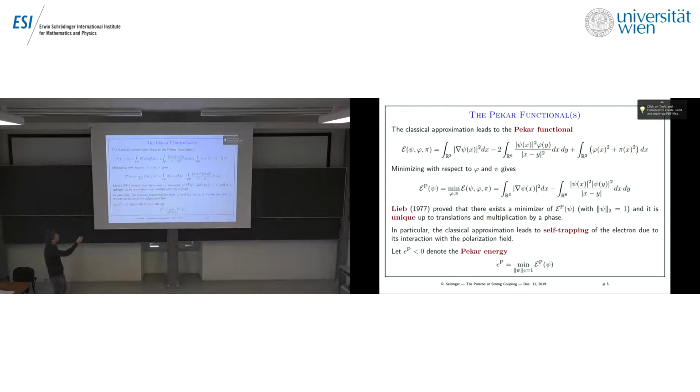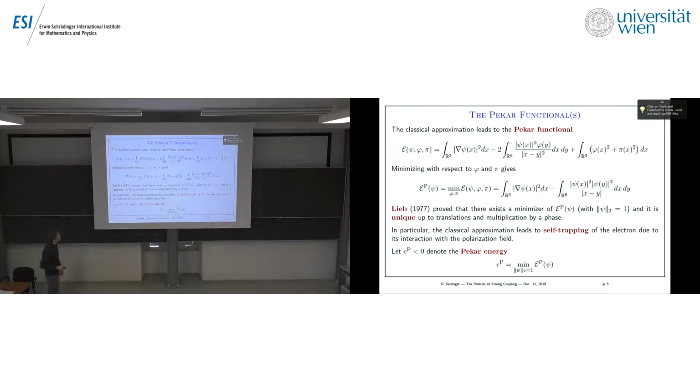You get, well, the integral of psi squared is unaffected, but what you get is this effective Coulomb self-interaction of the electron charge density psi squared with itself. Okay, this just comes from completing the square using the fact that 1 over x squared convolved with itself is 1 over x, and there are some constants 2 and pi also floating around which are suppressed for simplicity of the notation. Okay, so this is the Pekar functional.